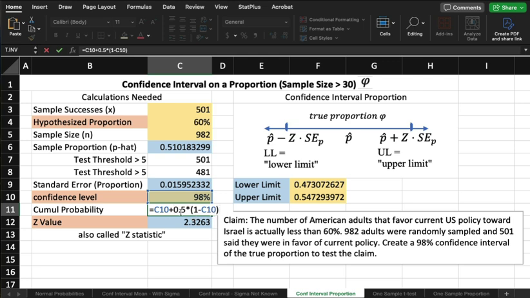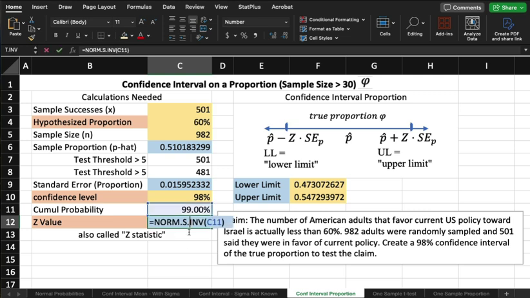All right, so that looks the same in all three videos that we've done on this topic of confidence intervals. Again, equals C10 plus 0.5 times parenthesis 1 minus C10 close parenthesis. So that accounts for the 98% plus half of what's left over, and half of 2% is 1%. 98 plus 1% is 99%.